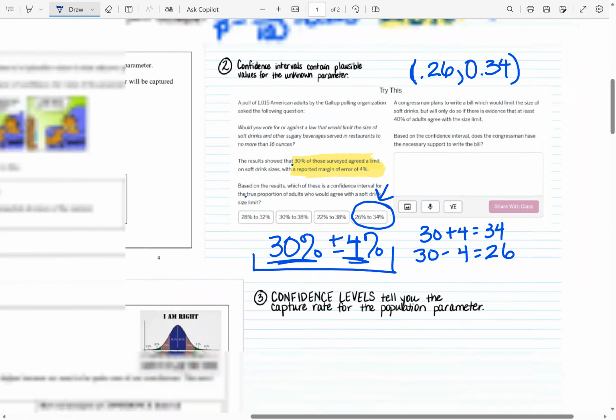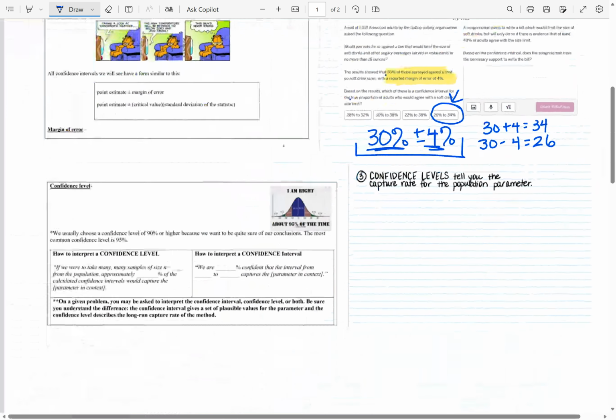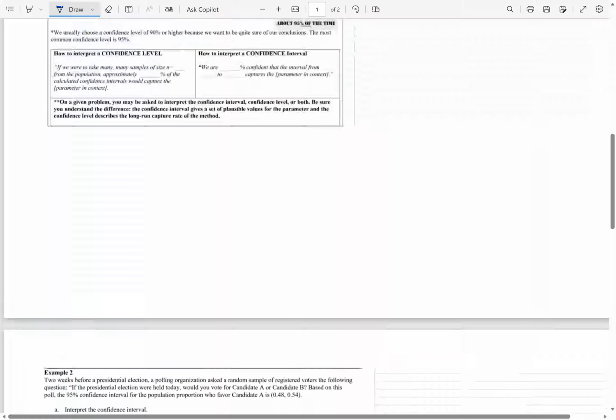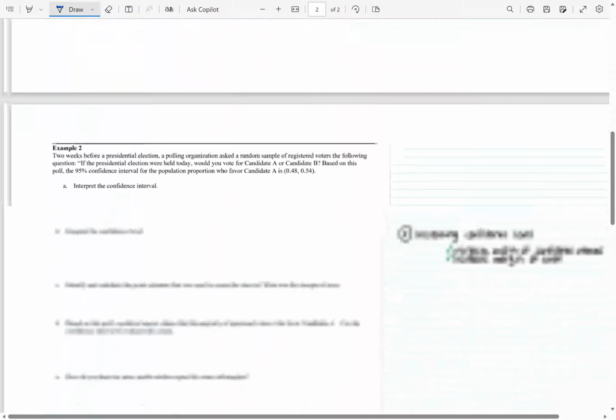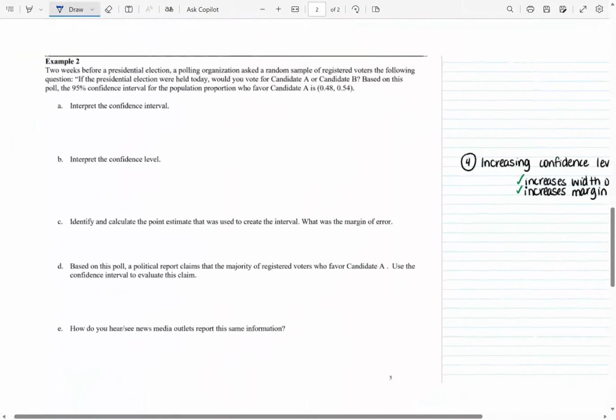Okay, so then sometimes you'll have to identify the point estimate from an entire problem. So going down to, I believe this is page 5. It's example 2 on page 5, and we're going to look at example 2, part C of that. We'll come back and do the others in a minute.